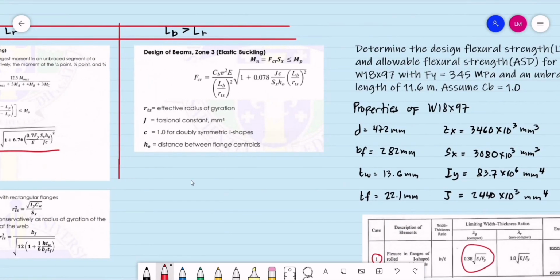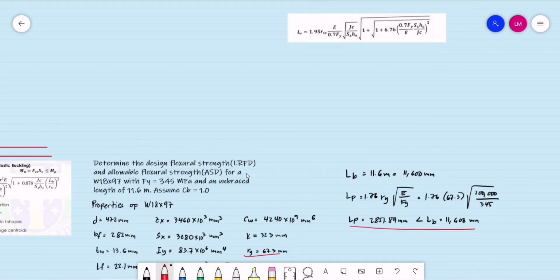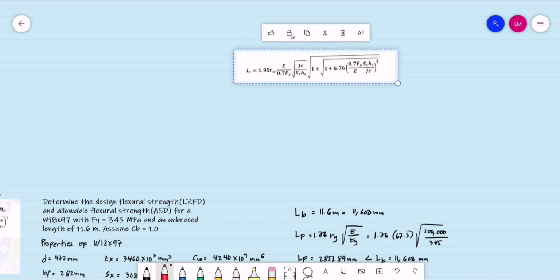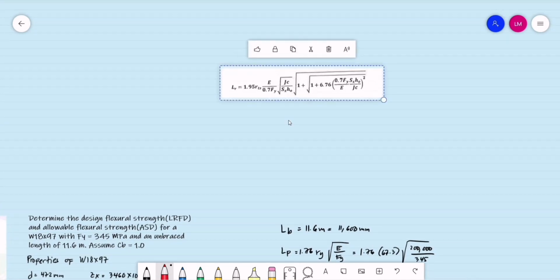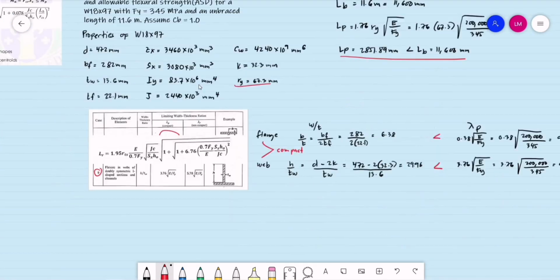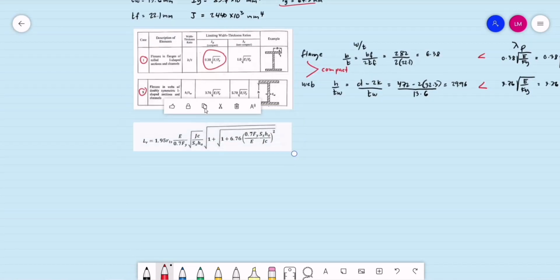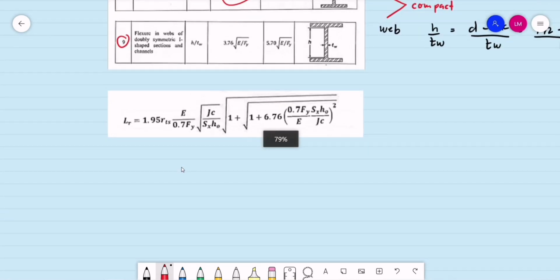Since again the value of our L sub P is less than the unbraced length, we need to compute for the value of the L sub R, and our equation will be this one. So we'll be reading this equation.